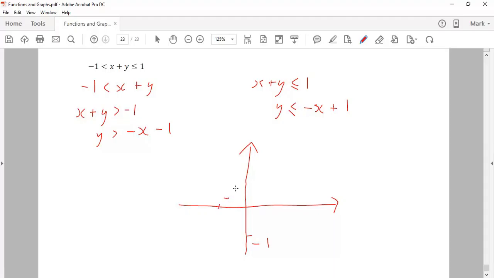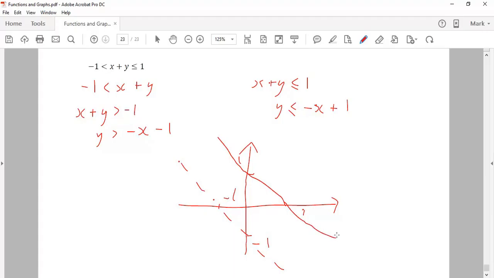So notice how these two lines both have negative x. That means the gradient is the same. So we know that these lines are going to be parallel. And this one, just go there, cut it at 1. It'll be a solid line.